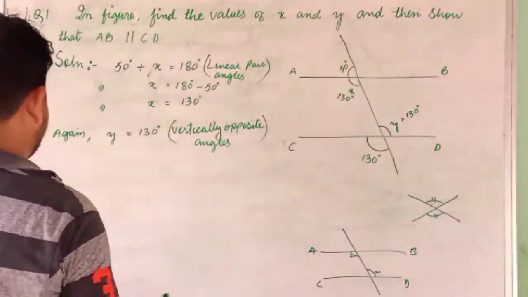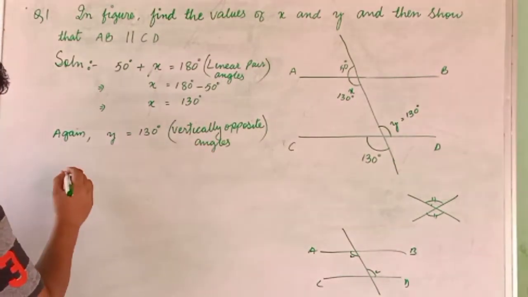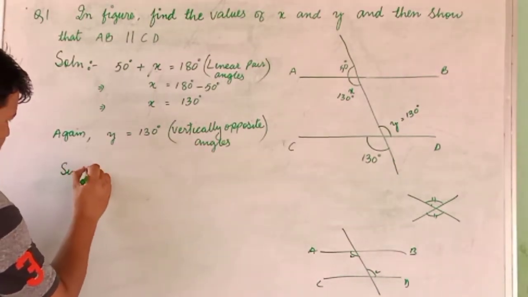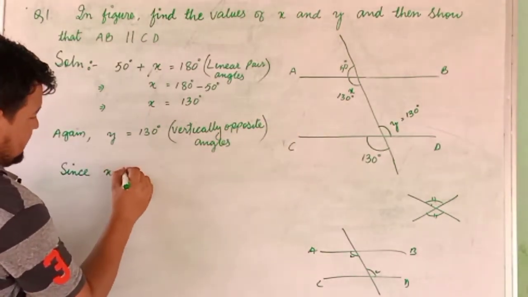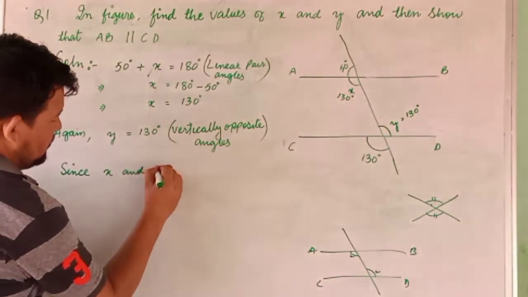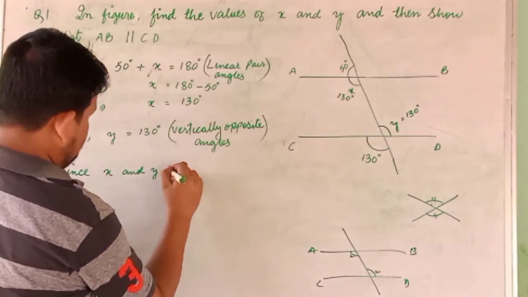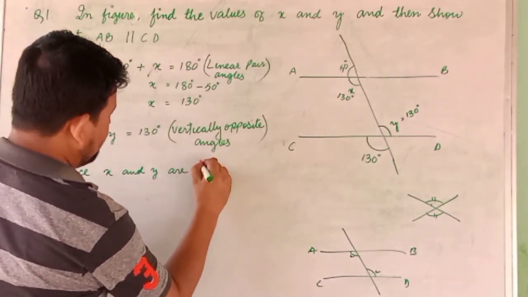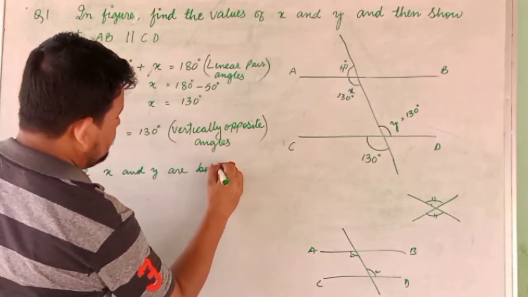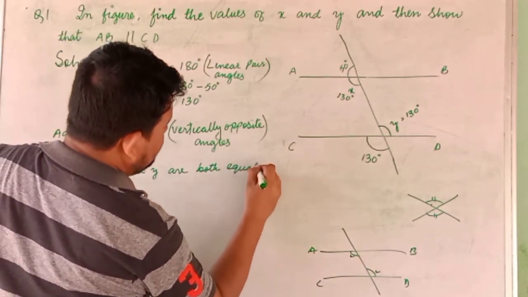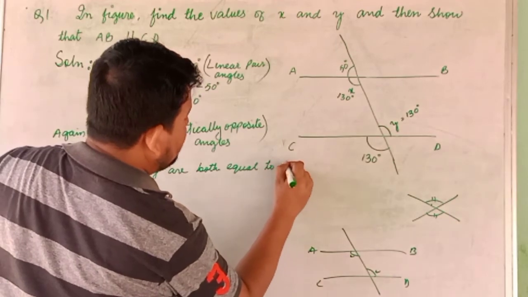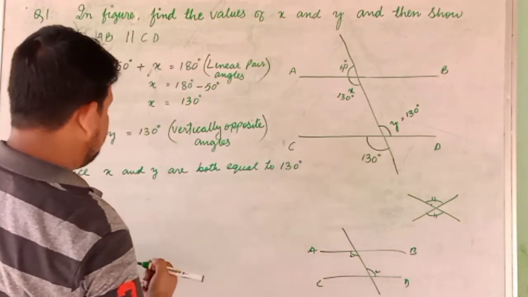Okay, so let us explain. Now since we have got X and Y are both equal to 130 degree, is it not?